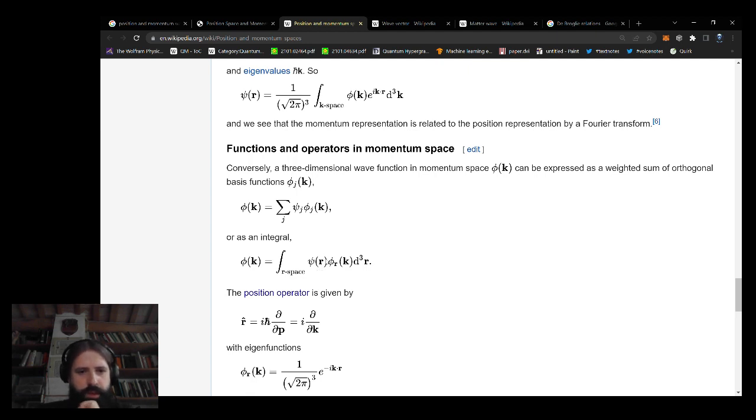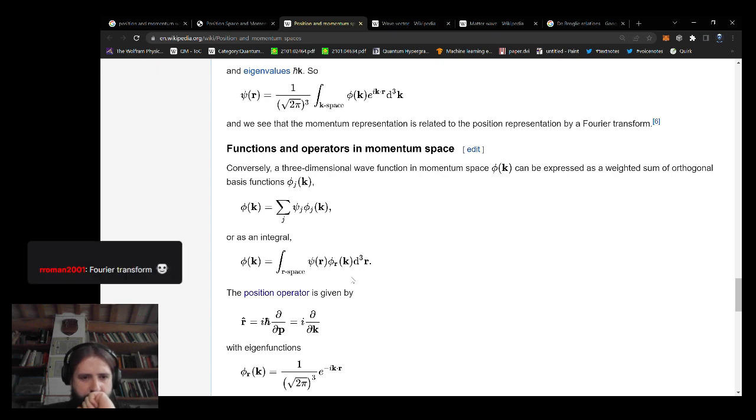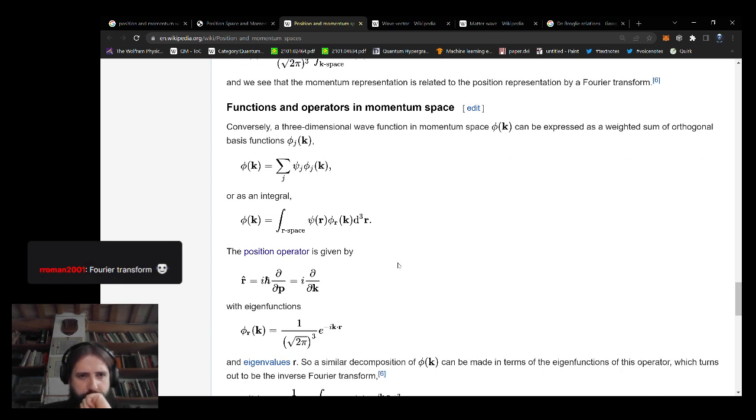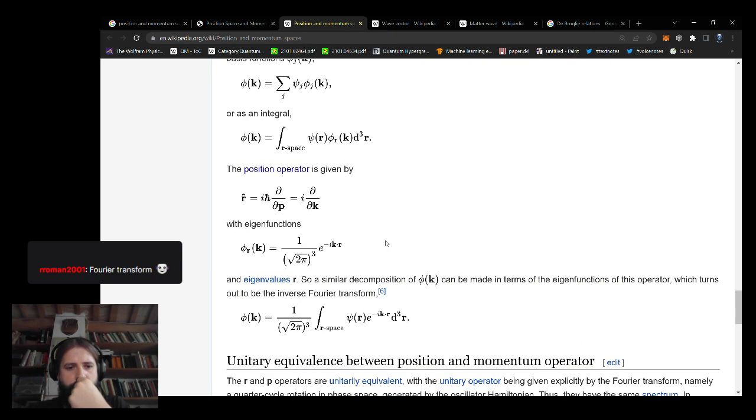And this is what I don't get. Why is there suddenly r space and then k? This is what I don't get.